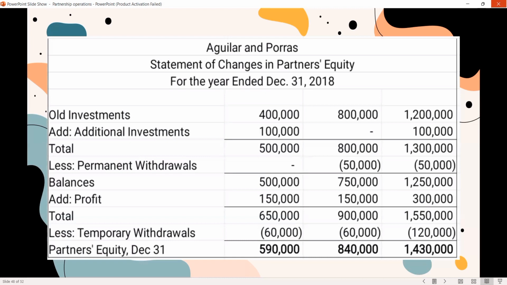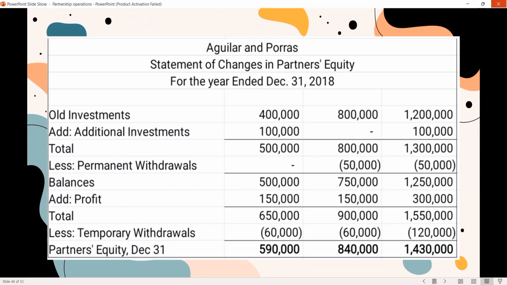So, less temporary withdrawals na 60,000 doon sa dalawa, equals 120,000 yung nabawas. So, ang partner's equity for the year December 31 is 590,000 for Aguilar and 840,000 for Porras, for a total of 1,430,000. So, yun yung statement of changes in partners' equity.